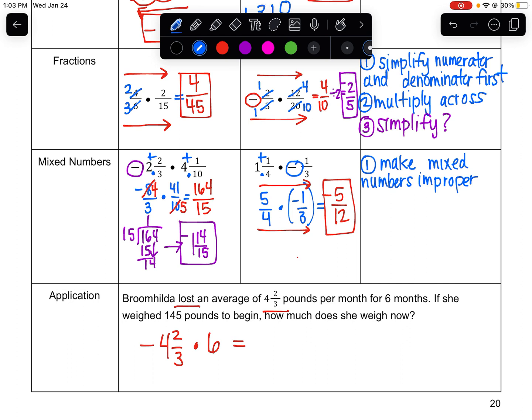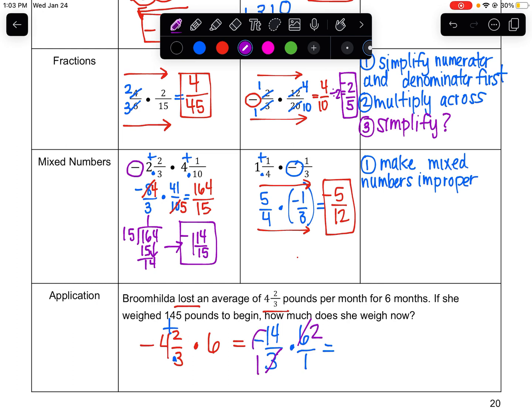So then we're going to work through that. 4 times 3 is 12, plus 2 is 14. So negative 14/3. And we're going to multiply that, and we're going to put that whole number, which we didn't see in the previous problems, over 1 before we look at simplifying. 3 and 6 have a common factor of 3, so this changes to 1 and 2.